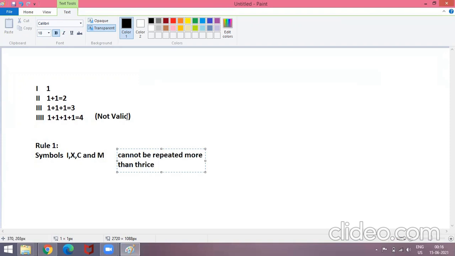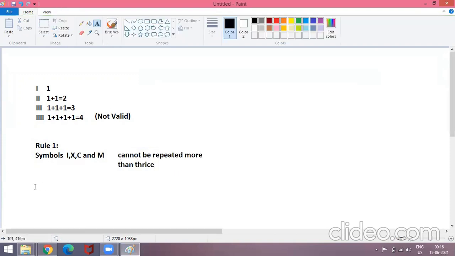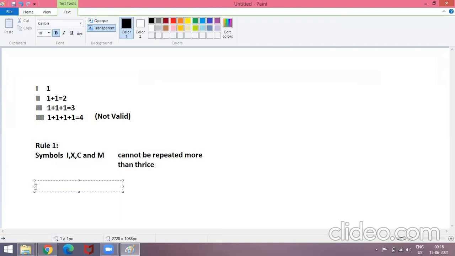So this holds good for all the Roman numerals, the symbols such as X. XXXX is not valid because it is getting repeated more than 3 times, right? Invalid. We can say it is invalid. It is the same in the case of C and M too, right?